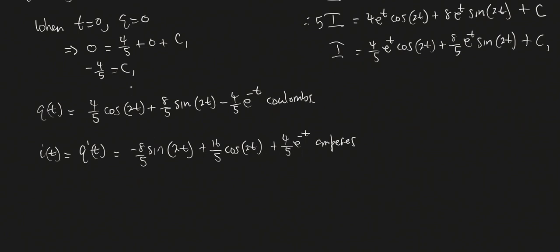Well, here, these two terms are periodic. These terms are not going to go to 0. They're not going to go off to plus or minus infinity. So these two terms of our response are periodic, but this term with the e to the negative t exponent, right? This is a transient term.